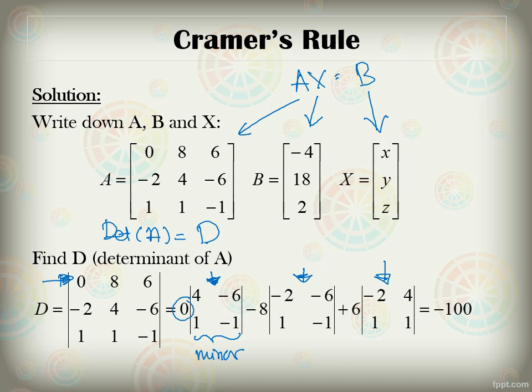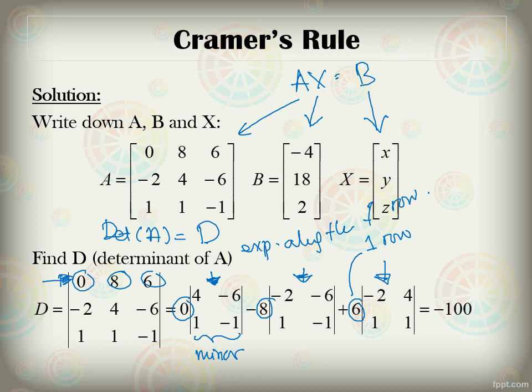All the coefficients in front here are the elements of the first row, because I choose to expand along the first row. I will multiply my minor with the element of the first row. So this is where 0, 8, and 6 came from.